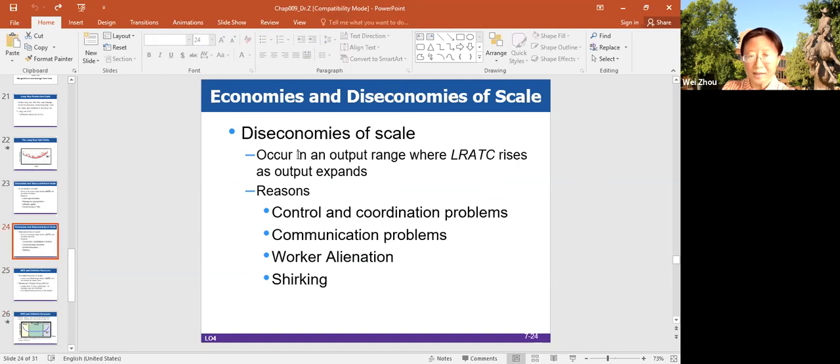Because sometimes when we have more output to produce, let's say I make 1,000 bread every day, probably I need to hire more workers and there are communication problems, control and coordination problems. Those are the problems. It's going to increase the management cost. On top of that, that will increase the average total cost.